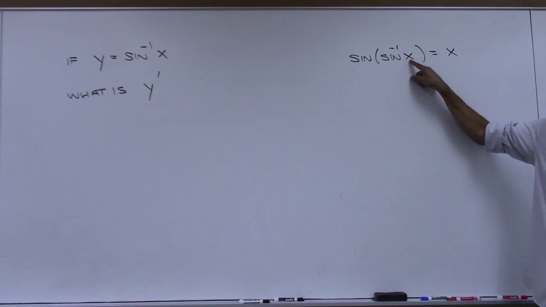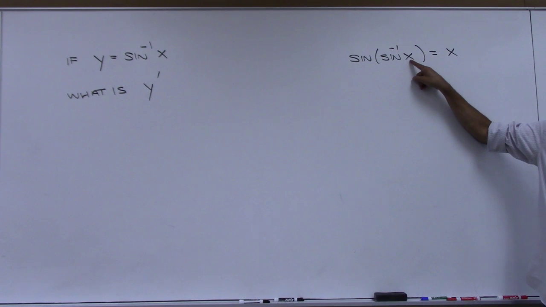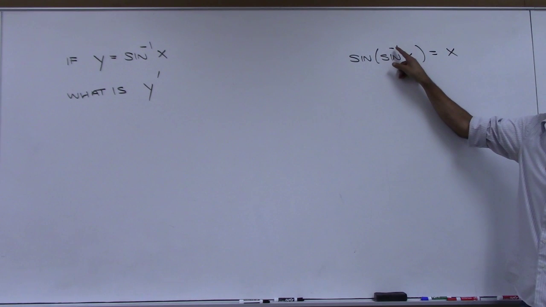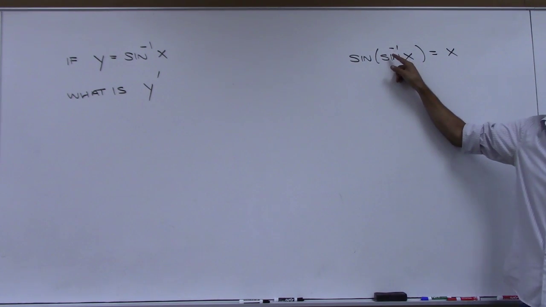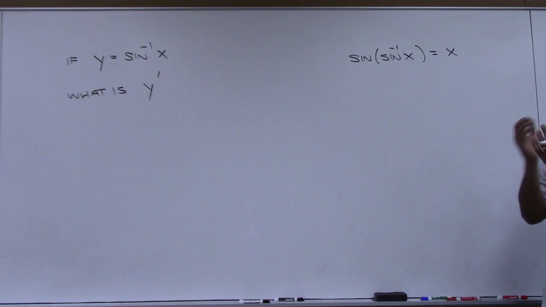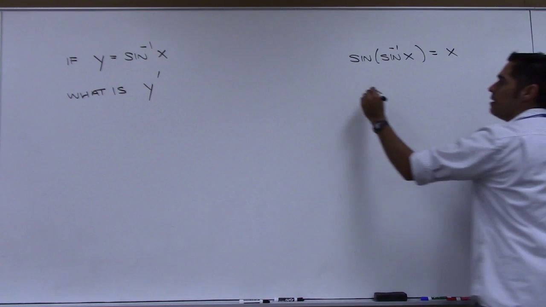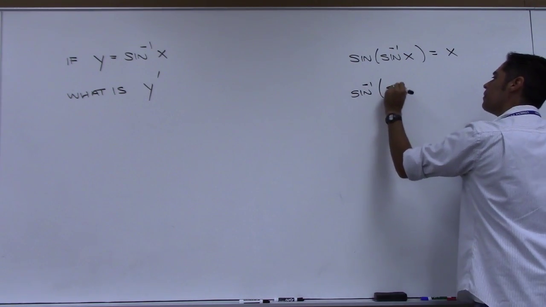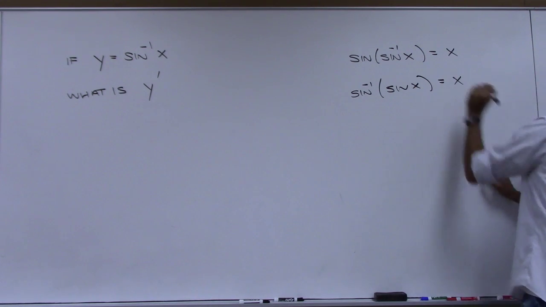So that number has to be between -1 and 1, or it could be -1 or 1, because that's a number. This is going to spit out an angle, and sine of an angle is going to spit back the number. So basically it all goes back to where it came from. As long as domain restrictions are maintained, that should be an identity we have, and it also works the other way. That's true, right?